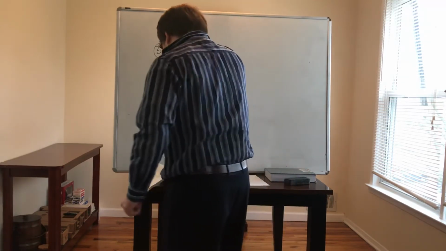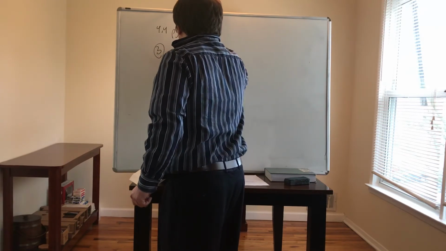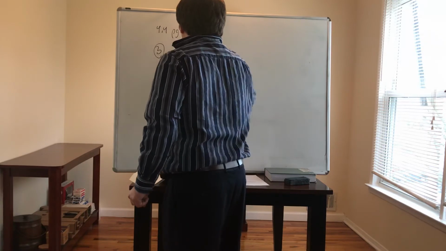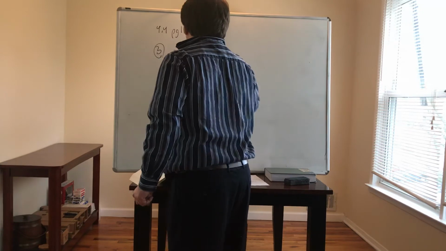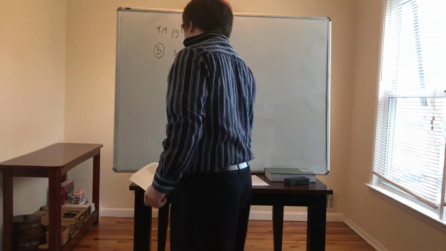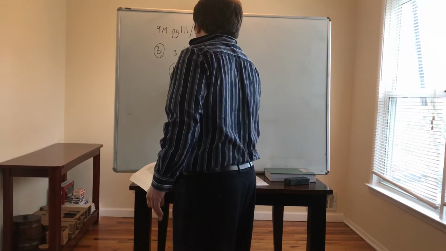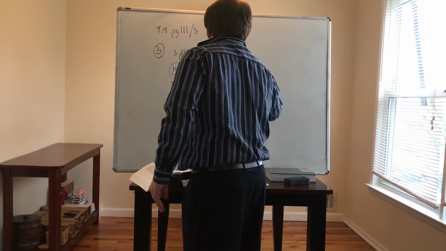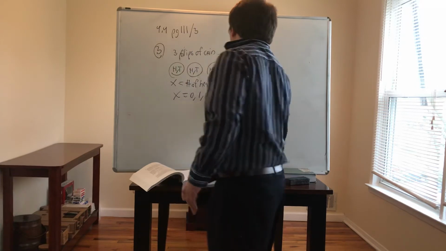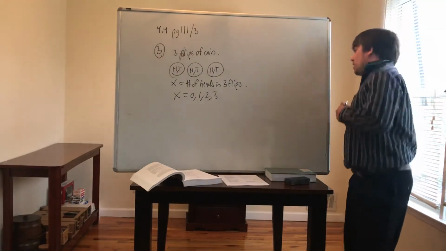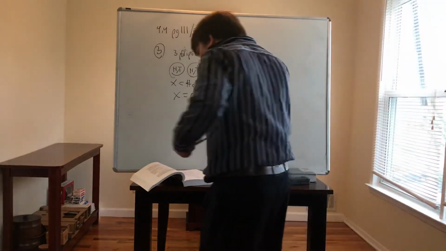So in example 4.3, there are 3 flips of a regular coin, right? There are 3 coins, and the possibilities are heads or tails for each coin. The discrete random variable x is the number of heads in the 3 flips, so the possible values of x are 0, 1, 2, or 3.